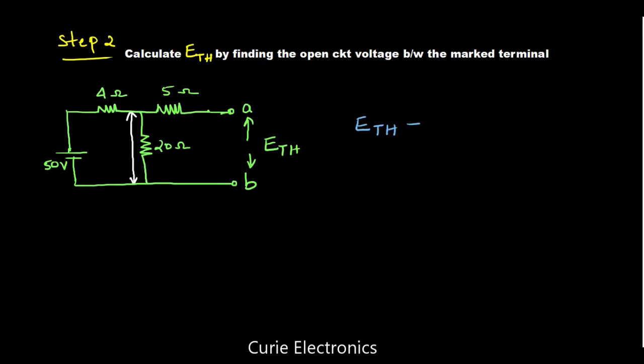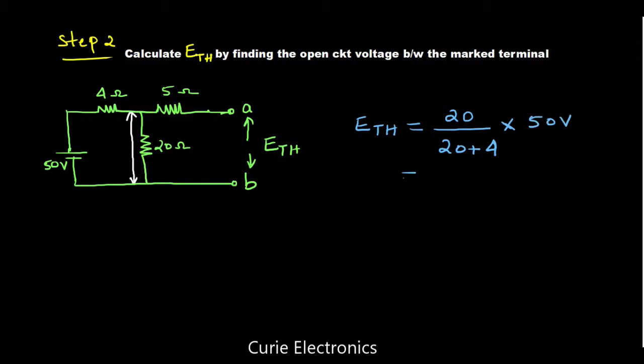ETH equals, across the 20 ohm resistor we want the voltage. So 20 upon, this is the voltage divider rule I am applying, 20 upon 20 plus 4, the sum of the two resistors, multiplied by the potential divider input voltage, that is 50 volt.